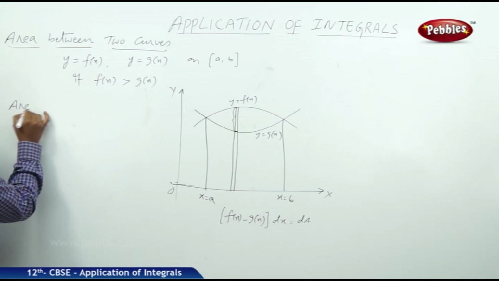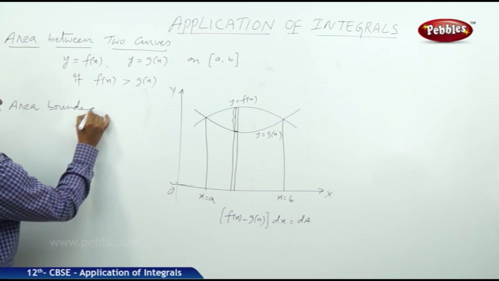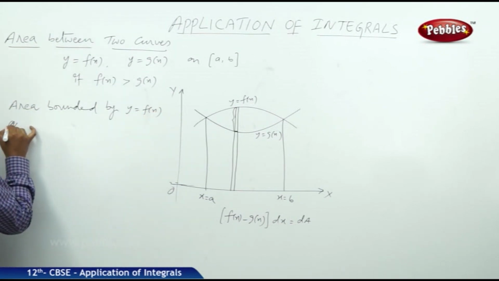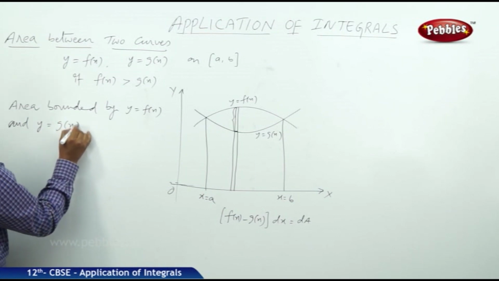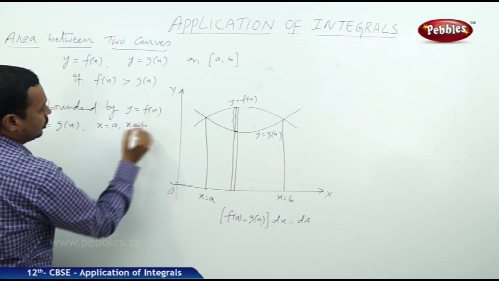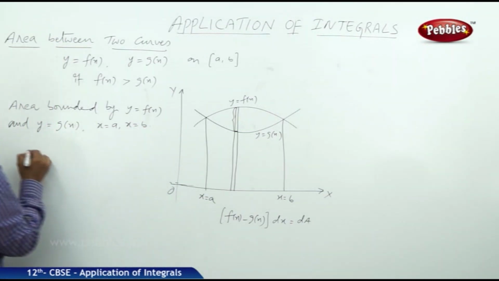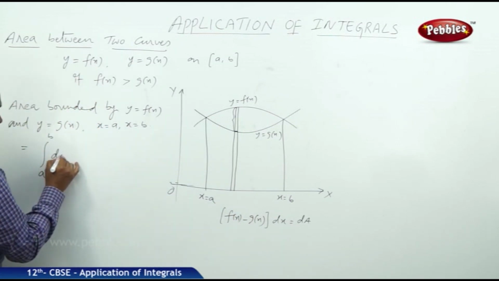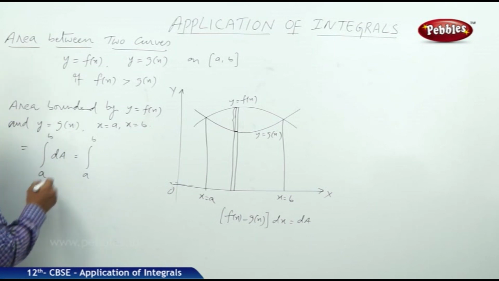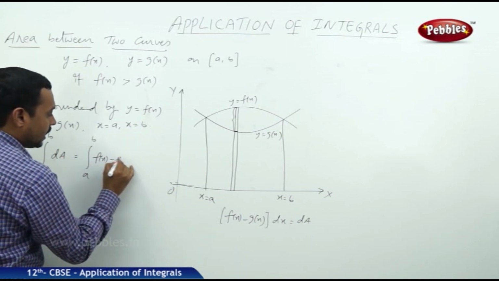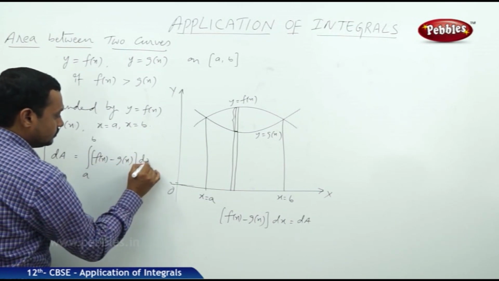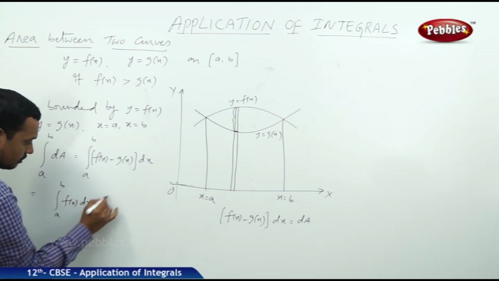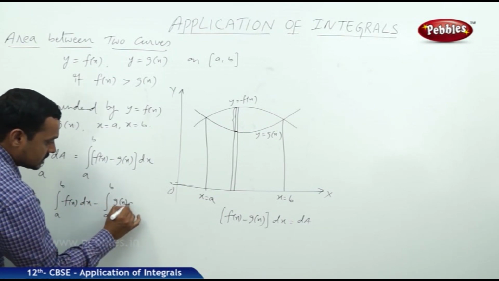Now, the area bounded by the two curves y is equal to f of x and y is equal to g of x, x is equal to a, x is equal to b is equal to integral a to b dA, that is equal to integral a to b, where elementary area is given by f of x minus g of x into dx, and it is also the same as integral a to b f of x dx minus integral a to b g of x dx.